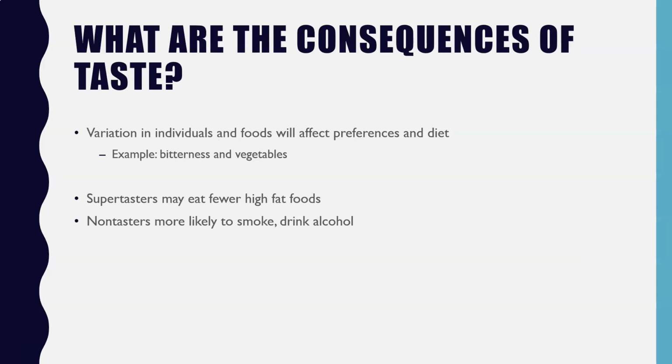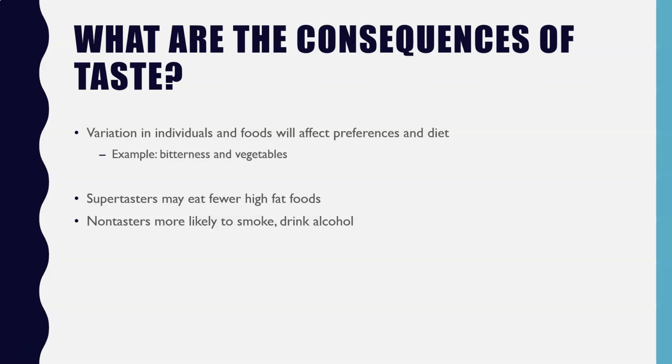Well, the variation that we see in individuals and foods will potentially affect preferences, and it will also affect diet. Now, I am probably an average taster or a medium taster, but if I were a super taster and super sensitive to bitterness, I may not like vegetables as much.